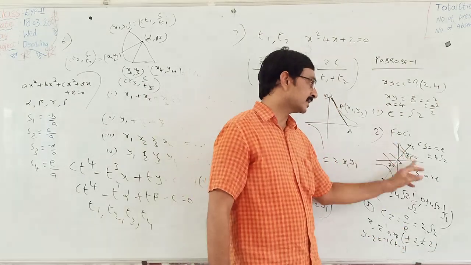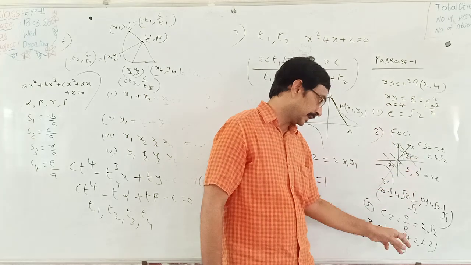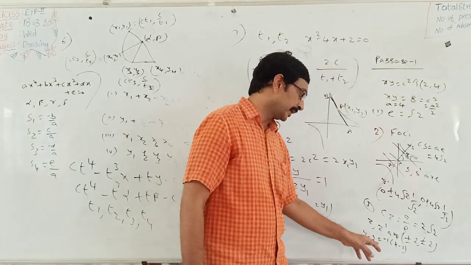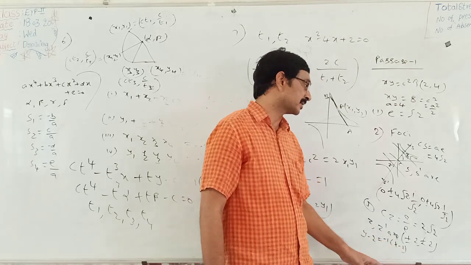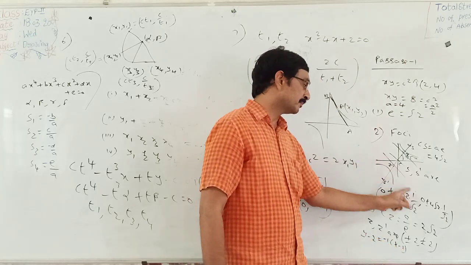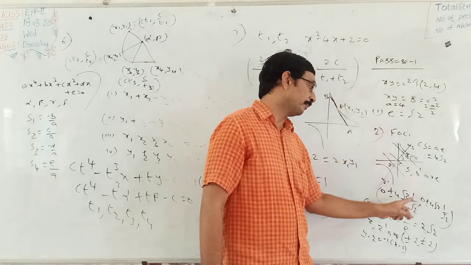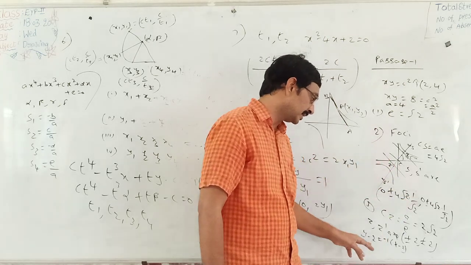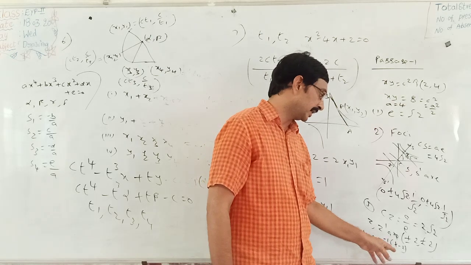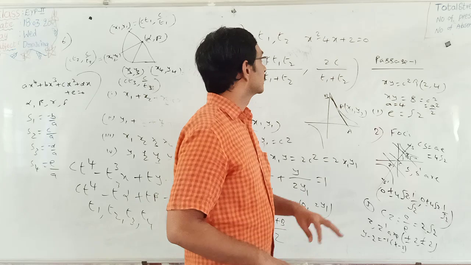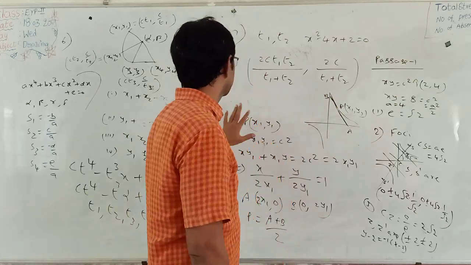Now, this line is passing through the point (2, 2) having slope minus 1. So y minus 2 equals minus 1 into (x minus 2). Similarly, this is passing through (minus 2, minus 2) with the same slope minus 1. Therefore its equation is y plus 2 equals minus 1 into (x plus 2). So this is the previous advanced problem. So learn this result by heart, it is very important.